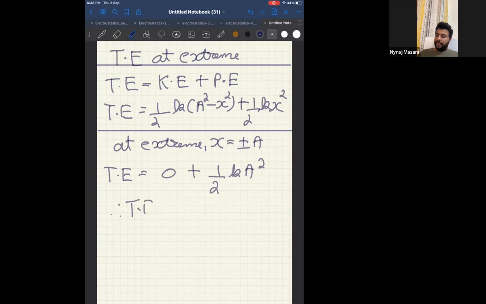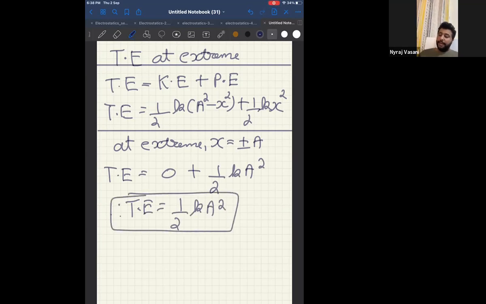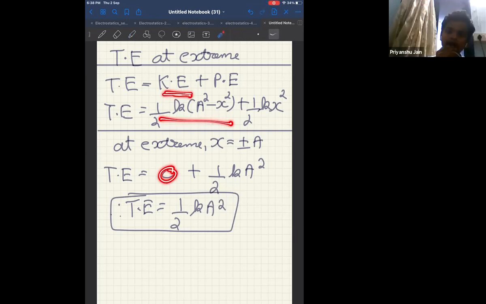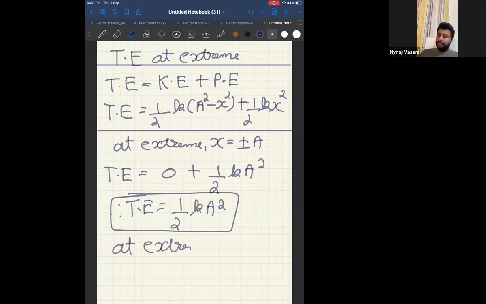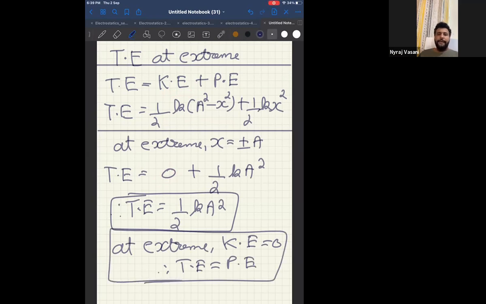Therefore, can I say total energy is equal to, the answer did not change, but what became zero? Check what became zero. This thing became zero. What is this thing? Kinetic energy. Therefore, can I say at extreme position, my kinetic energy will become zero. Therefore, my total energy will be completely equal to potential energy. Make a note.